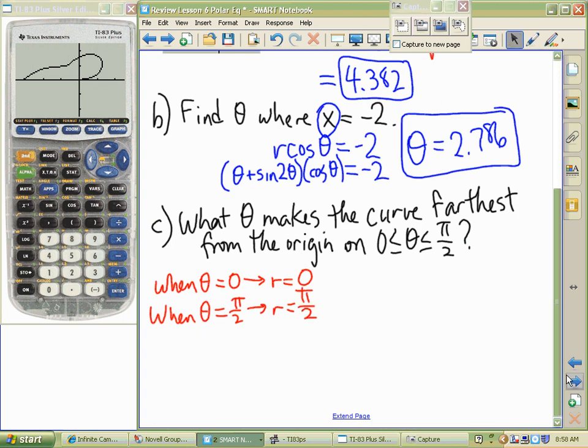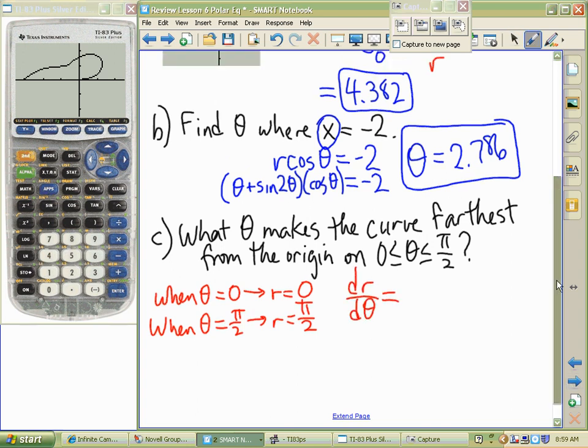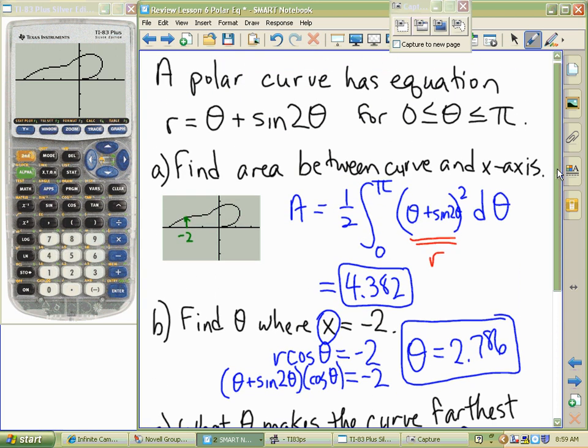So if we're going to have an absolute max, it's going to happen at the end points or a critical point. How do we find critical points, friends? Take a derivative, set it equal to 0. What is the derivative of r with respect to theta?